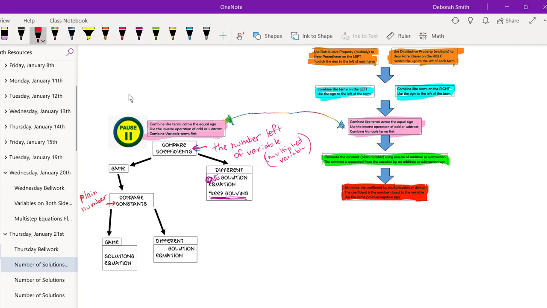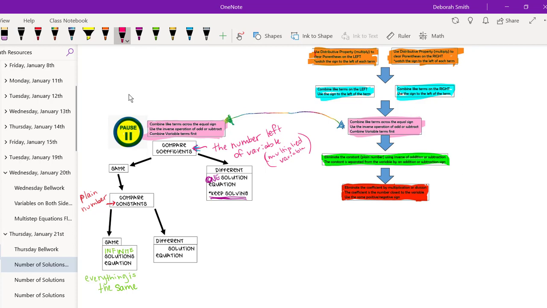Alright, now, if your constants are the same, you're going to have infinite solutions here. That means everything's the same. Your coefficient is the same and your constant is the same. Everything matches up, you're going to have infinite solutions. But what if they're not the same?